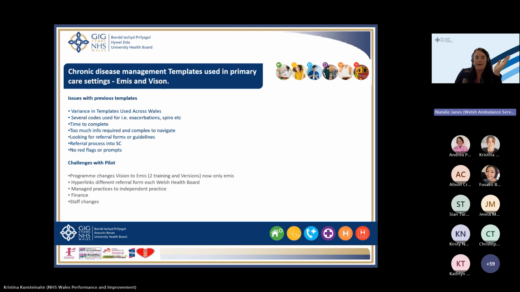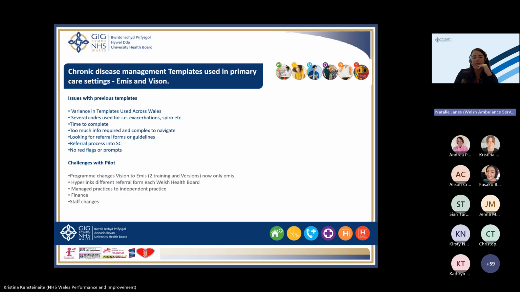So we had 2 training programs and 2 versions of the template. We also had some practices change from Vision to EMIS, so it involved us going back into those practices and working really closely with them, supporting them with the new EMIS system, but also the new template that we were embedding.